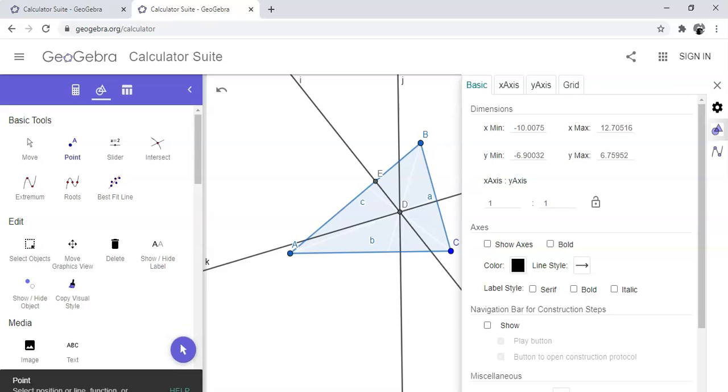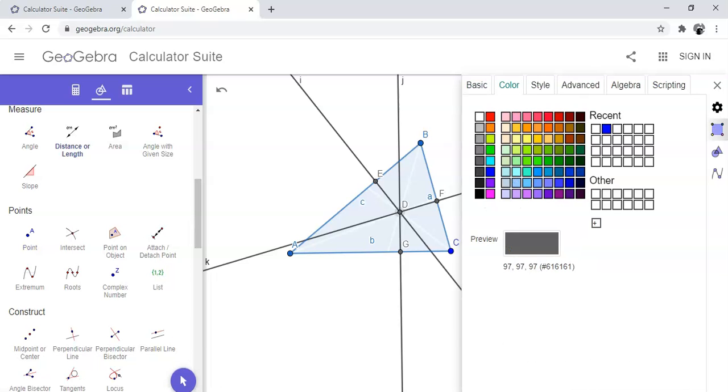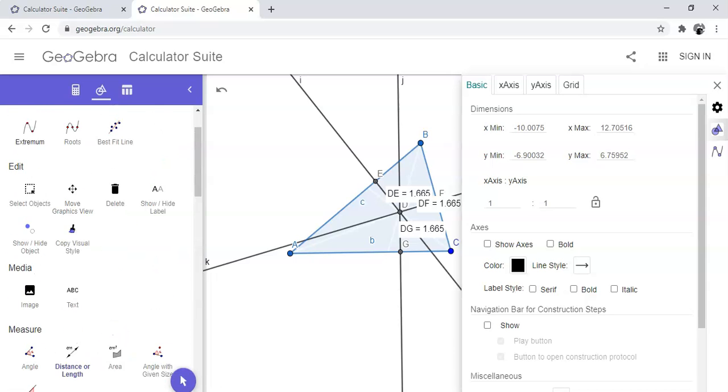So again, I'm going to mark my diagram with these points. And we said that if it's on the angle bisector, then it has to be equidistant to the sides. So since D is on the angle bisector of A, DE and DG must be the same length. Well, let's see if that happened. DE and DG are in fact the same length, as is DF. Right, so all three of these segments to the sides are the same length.